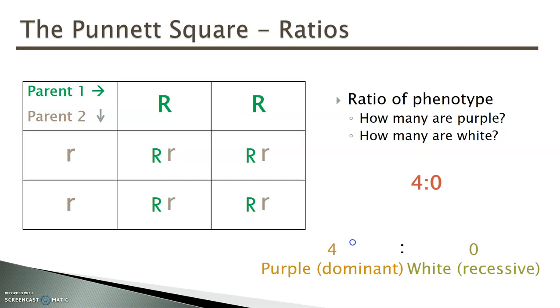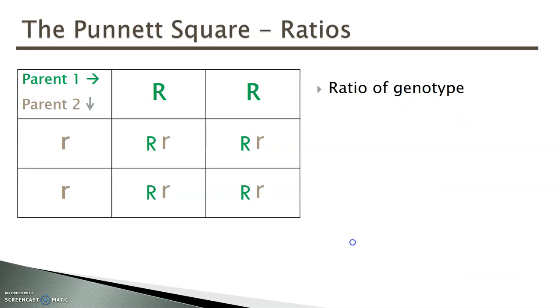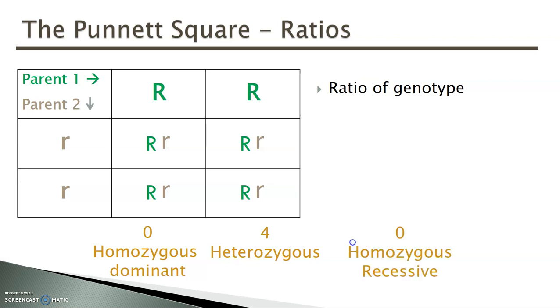Now the other ratio that I could ask you about is genotype ratio. So the genotype has to look at all 3 of the different types of genotype. First, homozygous dominant. We have none here, right? There are no homozygous dominant individuals that were created or that could be created in this cross. Now, there are 4 heterozygotes that could be created in this cross, but there were none of the homozygous recessives.